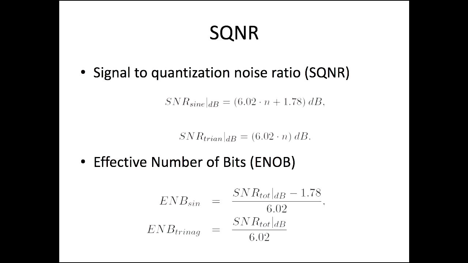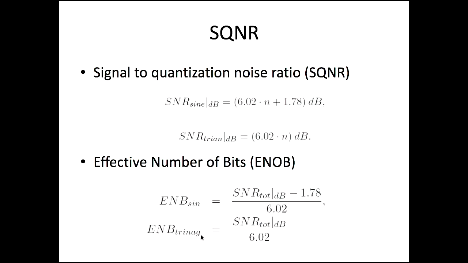Then we discussed SQNR, signal to quantization noise ratio. There are some standard equations. We don't have to derive it. Using that, we can find out effective number of bits. So effective number of bits for a sinusoidal signal is SNR total in dB minus 1.78 divided by 6.02.